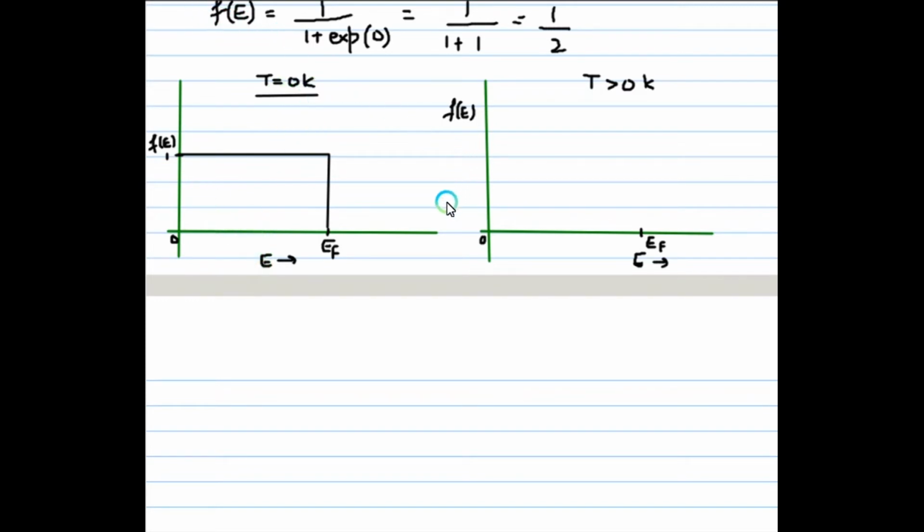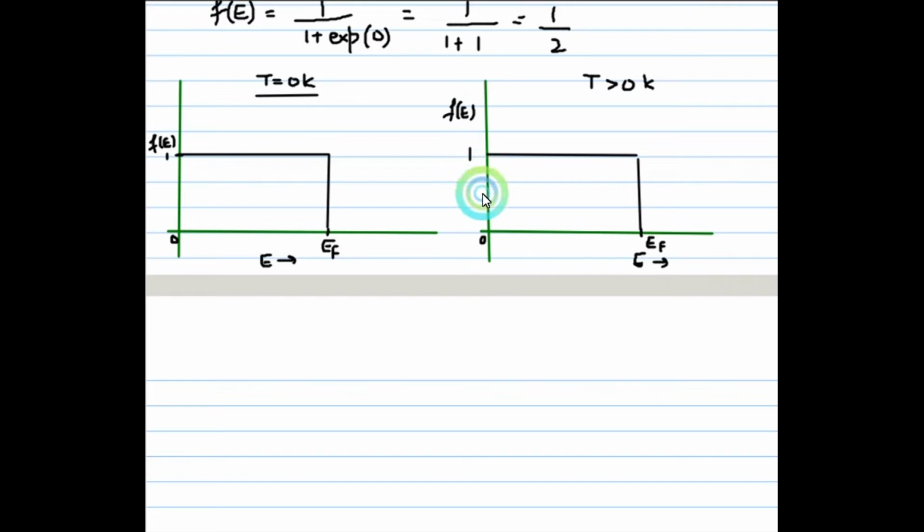Now the second case, which we did for T greater than 0. What did we say? Let me first plot the distribution function for T equal to 0, okay?